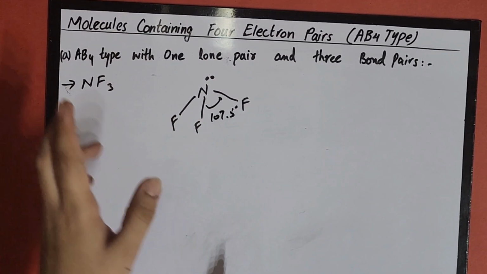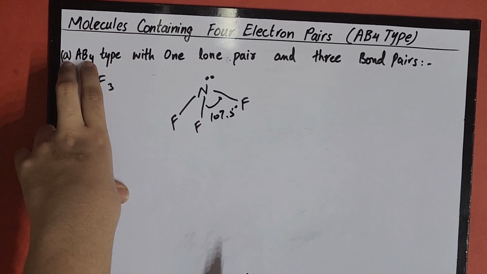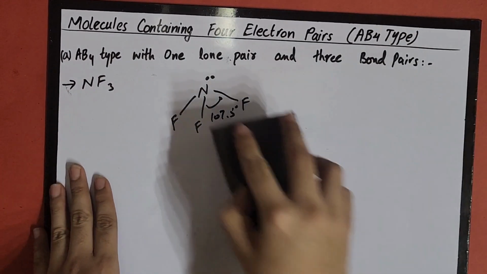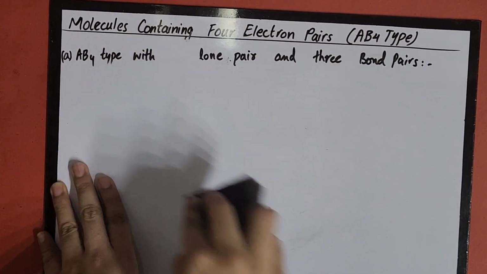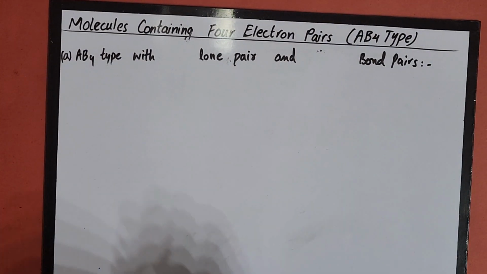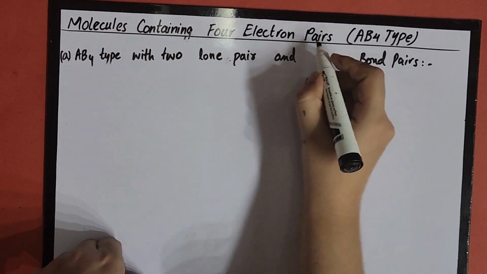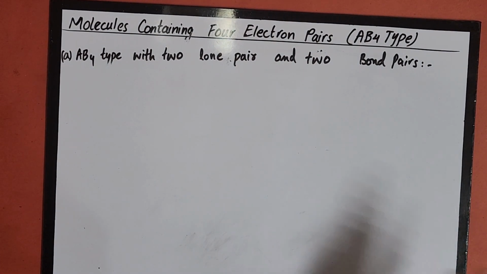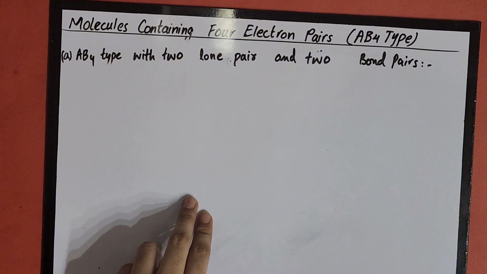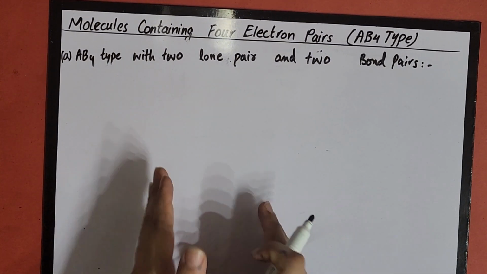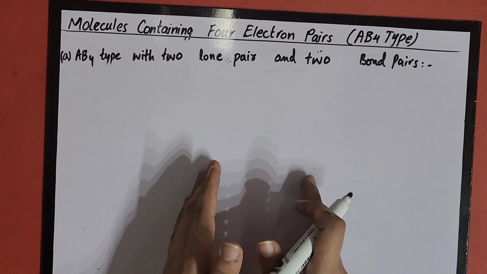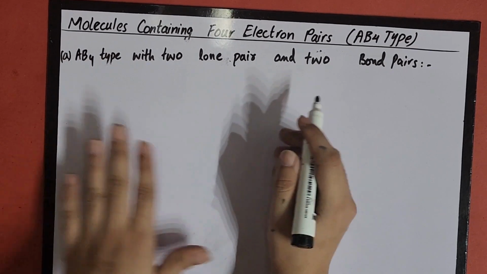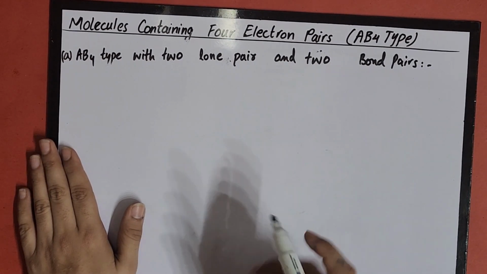So let's discuss another category, AB4 type, with two lone pairs and two bond pairs. The presence of two lone pairs introduces three types of repulsion: lone pair-lone pair repulsion, lone pair-bond pair repulsion, and bond pair-bond pair repulsion.